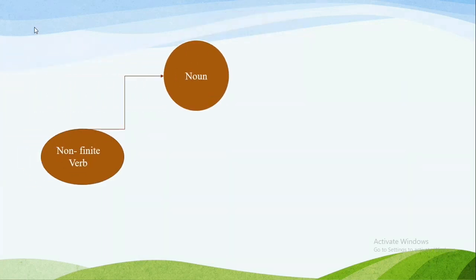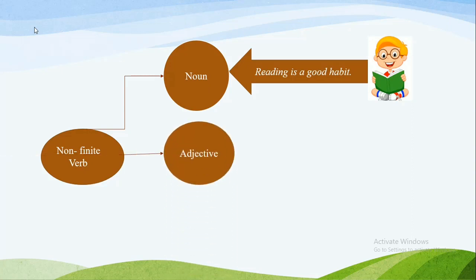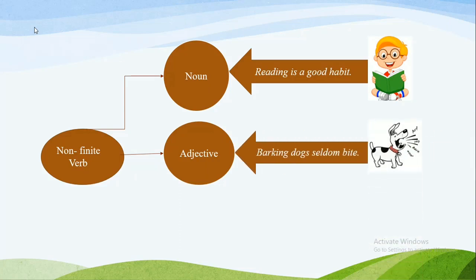Let's see how to use a non-finite verb in the form of a noun. Example: reading is a good habit. Reading functions as a noun in the sentence. Let's see adjectives. Barking dogs seldom bite.